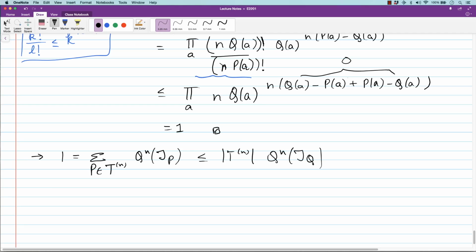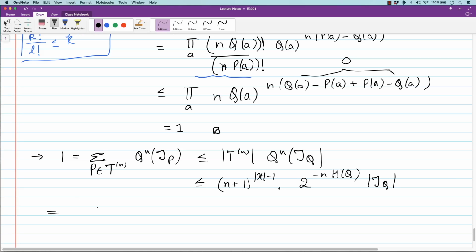That's something we just saw. And therefore, this is less than or equal to the cardinality of the type set times the probability of this guy. But the cardinality of the type set is no more than (n+1) to the power cardinality of X minus 1. And this guy, as we saw earlier, is actually exactly equal to 2 to the power minus nH(Q) times |T_Q|.